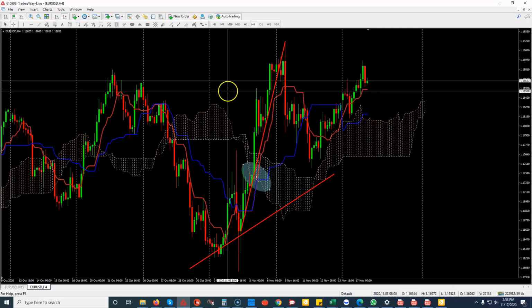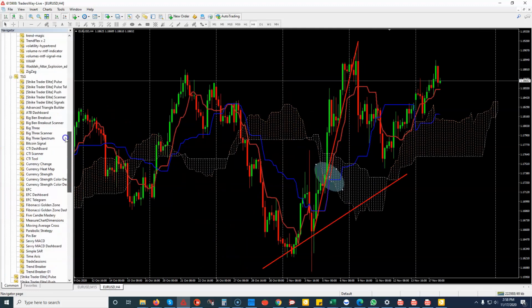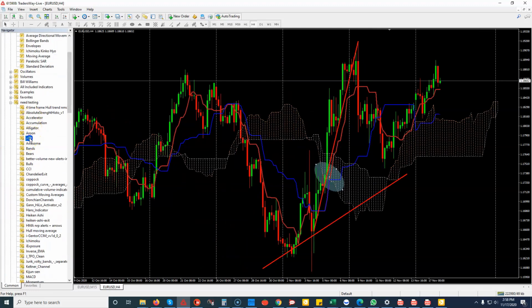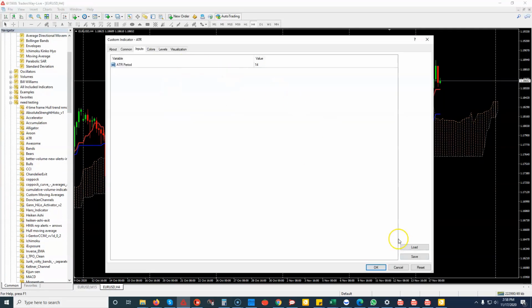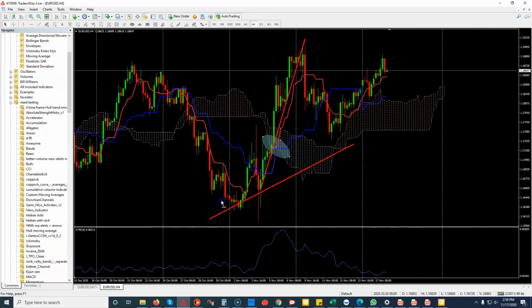You could also use ATR if you're familiar with ATR. I will just throw it up on here real quick. ATR is the average price movement; we use the 14 period, so it's the average for every 14 candles of price movement. That gives you an idea of what kind of volatility the price is having.